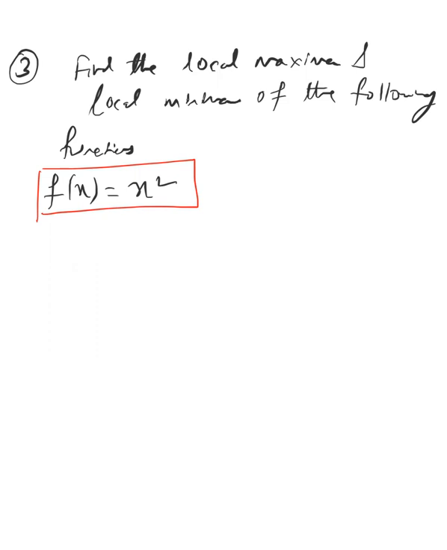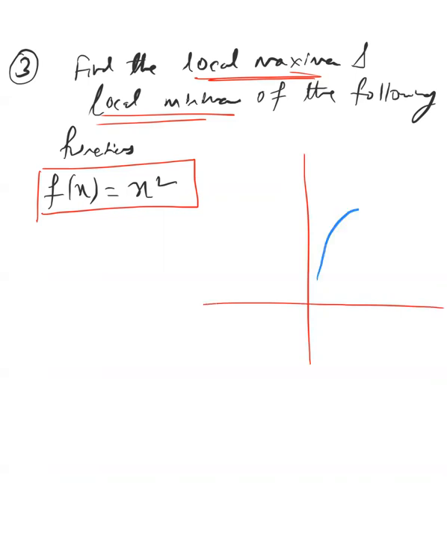So how to find local maxima and local minima? I told you before also. At local maxima and local minima, the graph of the function, here f dash x will be 0. Here also f dash x will be 0.